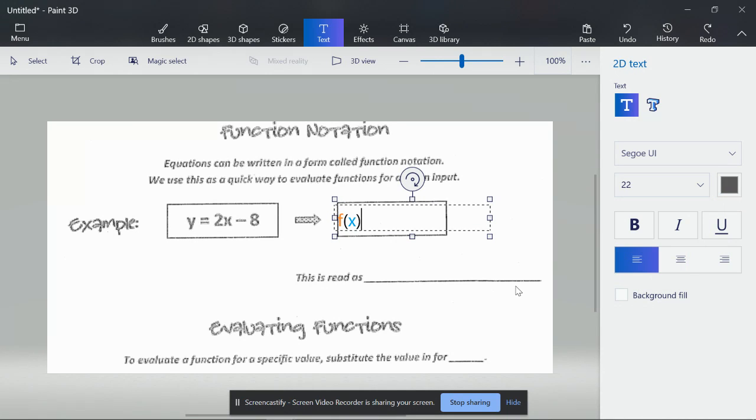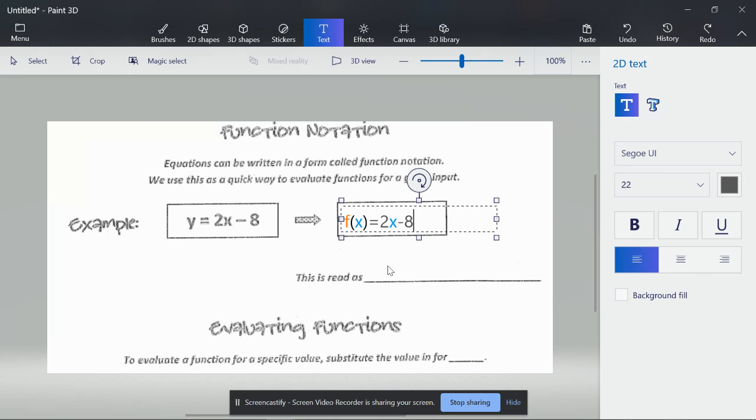So in this case, it's equals 2x minus 8. So instead of writing the equation like we had over here as y equals 2x minus 8, we're going to rewrite it as f parentheses with an x on the inside equals 2x minus 8.